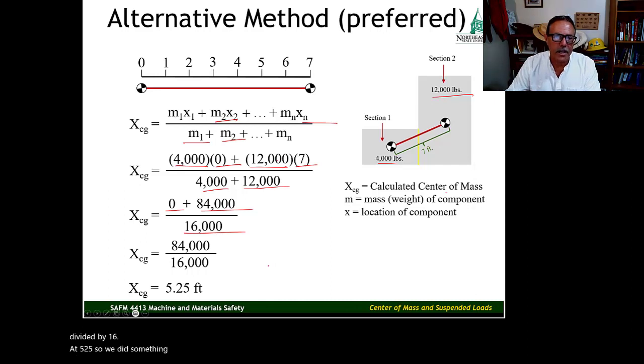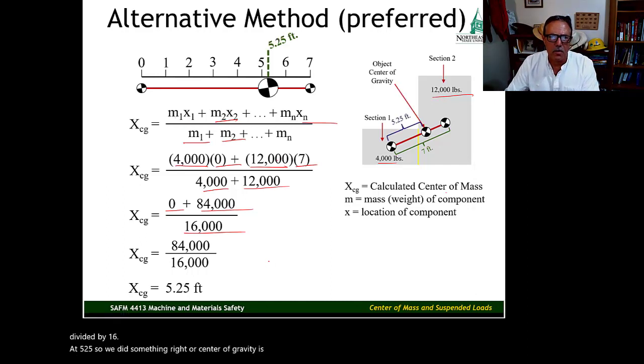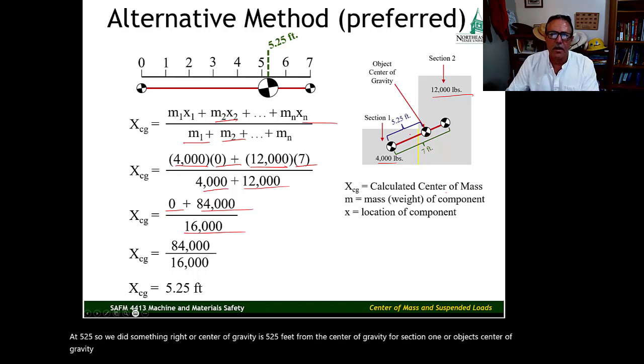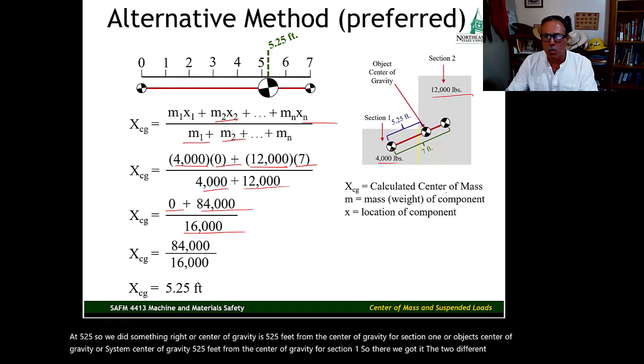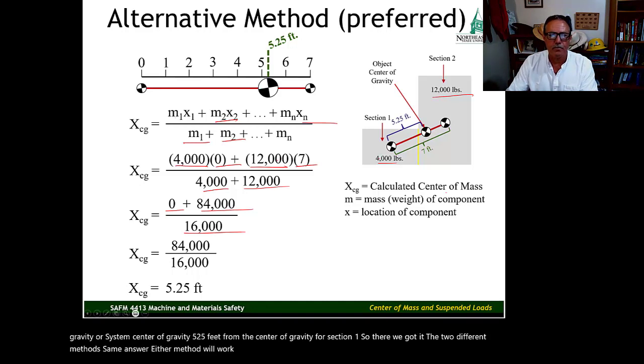Our center of gravity is 5.25 feet from the center of gravity for section 1. Our object center of gravity, or system center of gravity, 5.25 feet from the center of gravity for section 1. So there we got it. So 2 different methods, same answer. Either method will work fine with this type of problem.